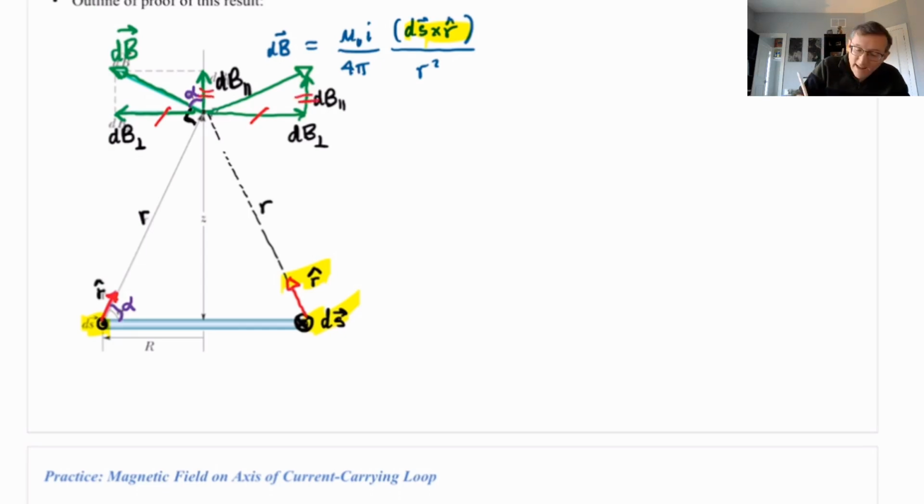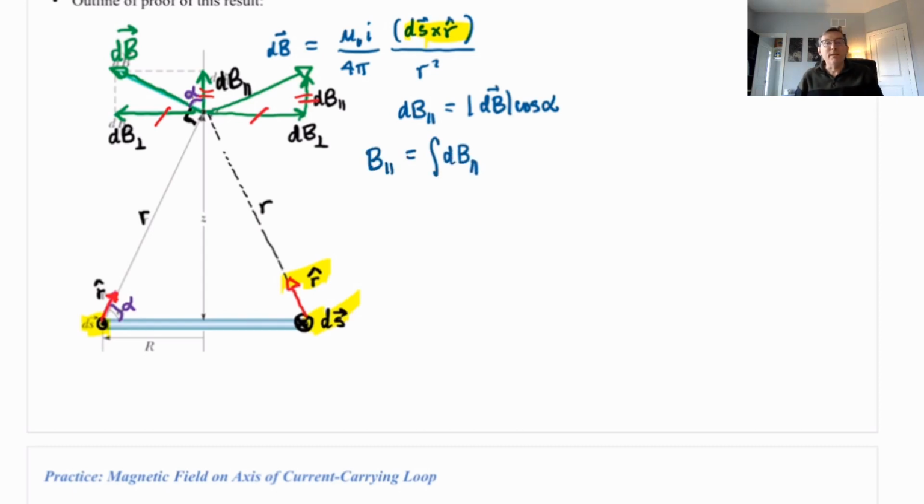So all I really have to keep track of is the dB parallel components, which would be magnitude dB cosine alpha. And that's what I have to add up to get the total magnetic field at point P. So the B parallel total is the sum of all the dB parallels.